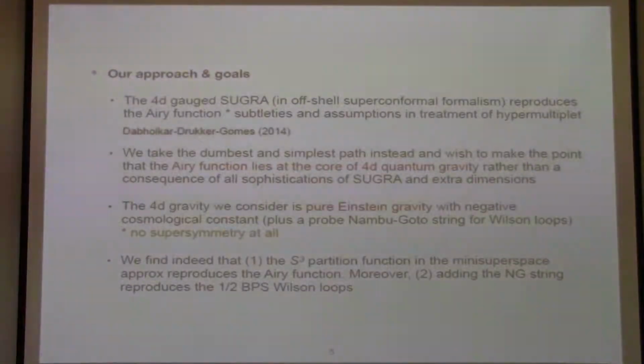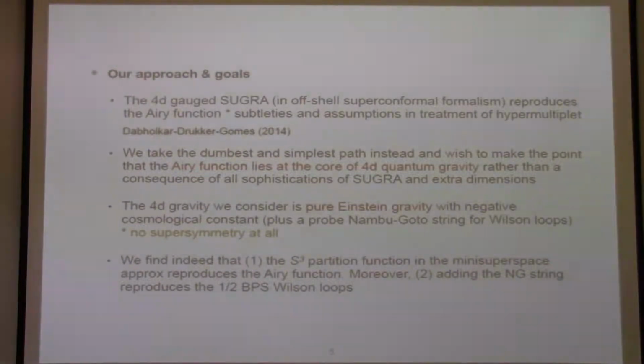But today, what I'm going to do is the following. As I mentioned, there's a supergravity localization computation confirming the Airy function. But today I take really the dumbest and the simplest approach, and wish to make the point that the Airy function appears in four-dimensional gravity even without all the sophistications of supergravity and extra dimensions.